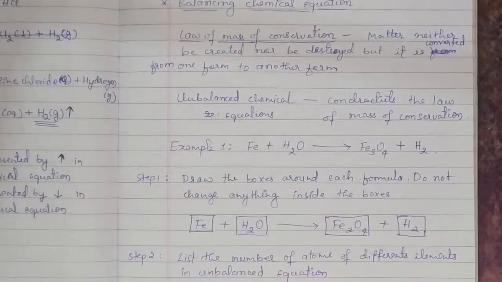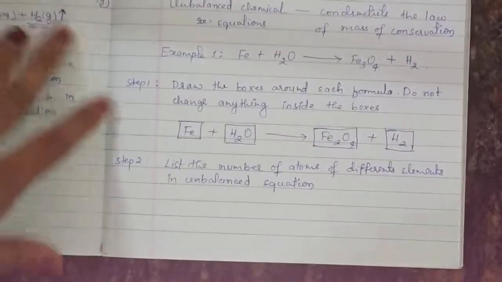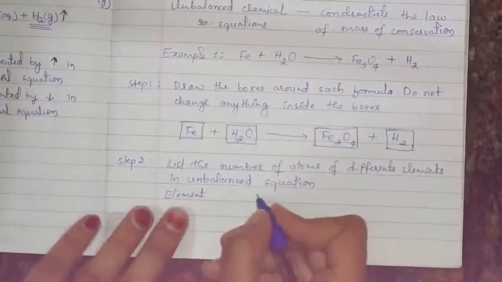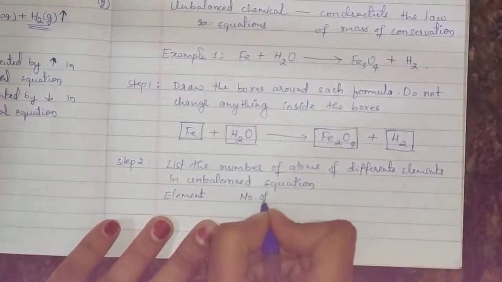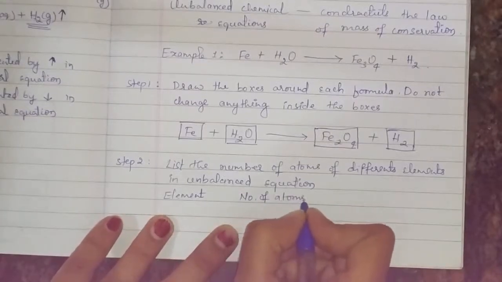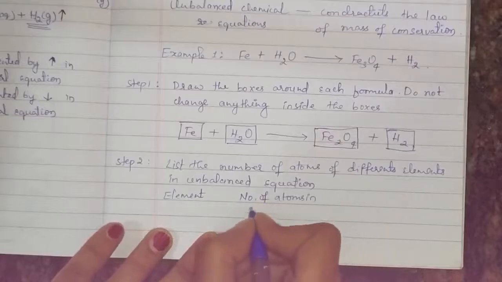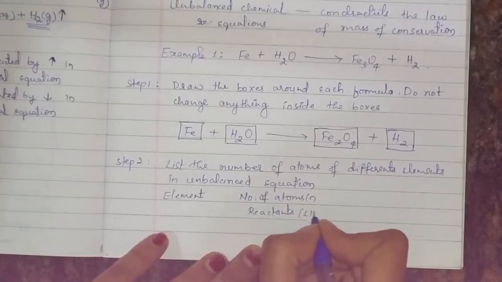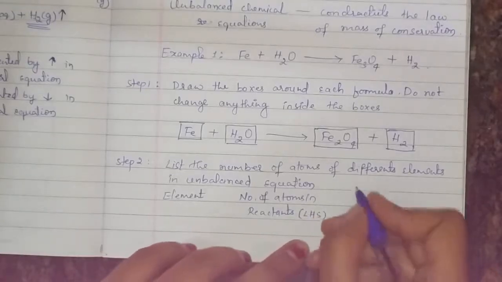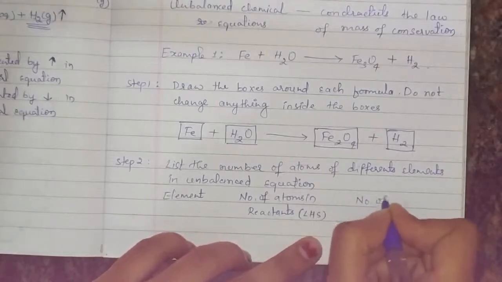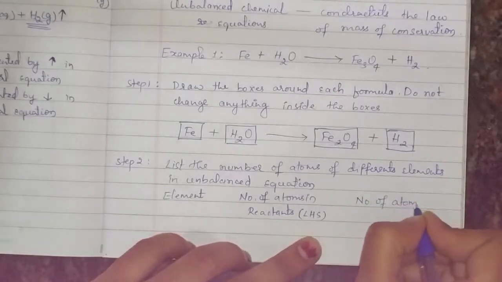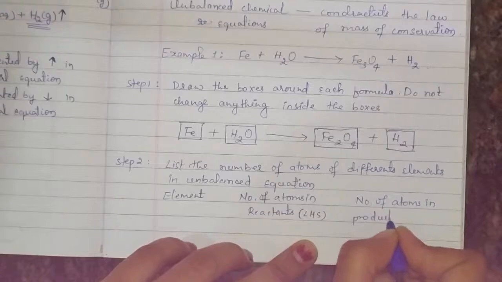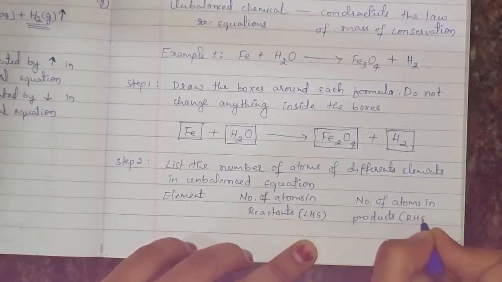In the table, in the first column you write the element, in the second column you write the number of atoms in reactants, that is the left hand side. In the third column we will write the number of atoms in products, that is the right hand side.